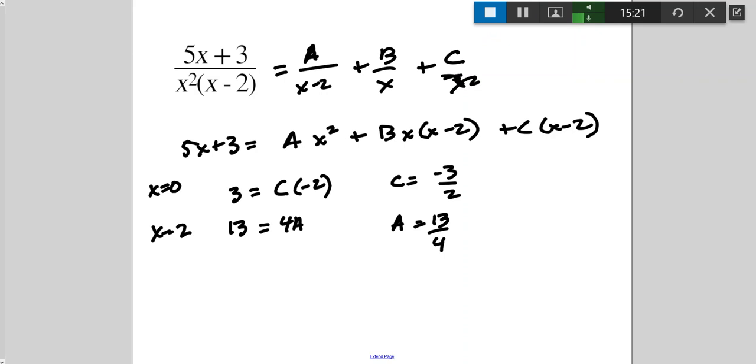Okay, so now again, we have to pick another number other than our 2 zeros to find out what b is. So let's choose x equals 1.